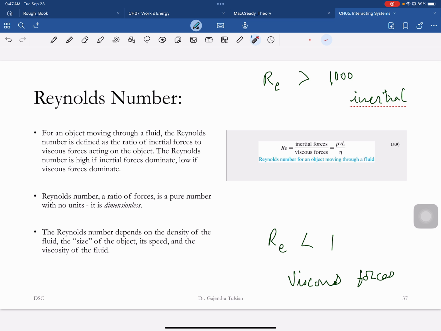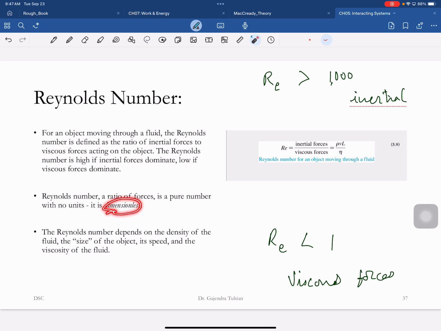So we'll talk about amoebas swimming in water. For them, Reynolds number is less than 1, and viscous forces are significant. For you going for a jog, and for a big fish swimming in water, Reynolds numbers are large, and so inertial forces are significant.